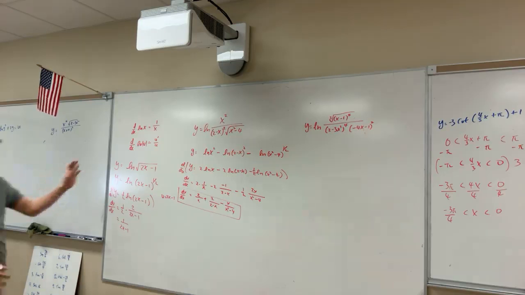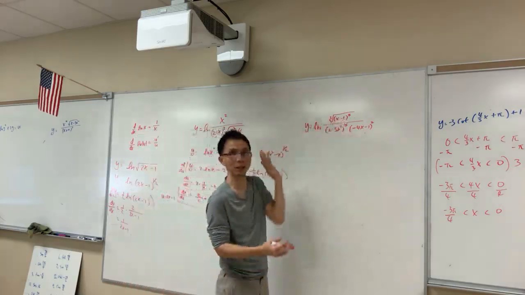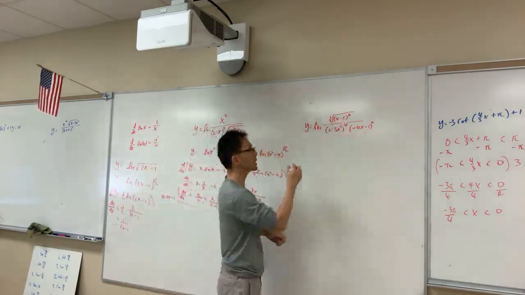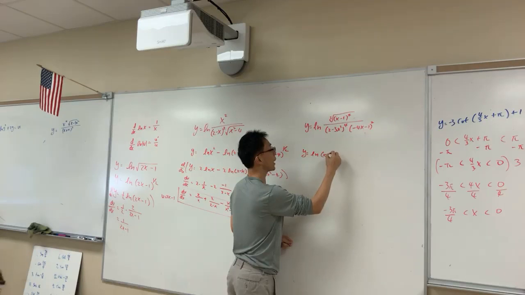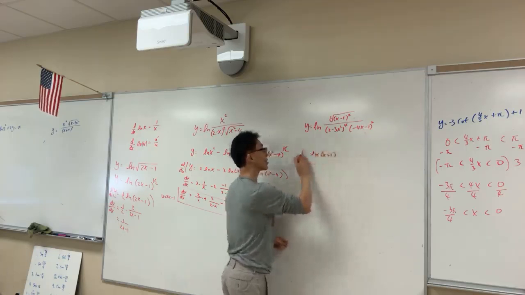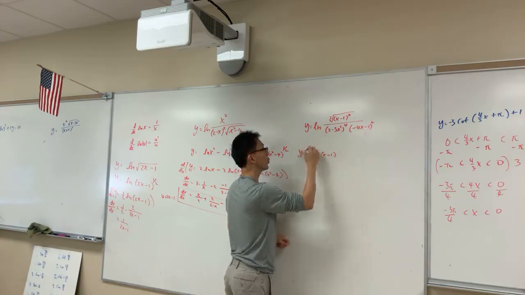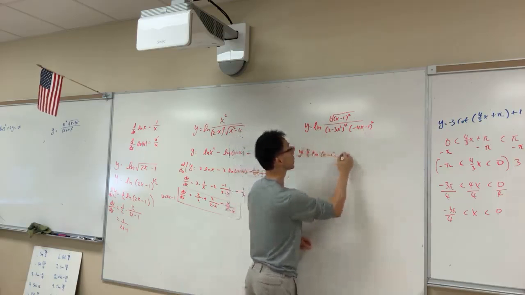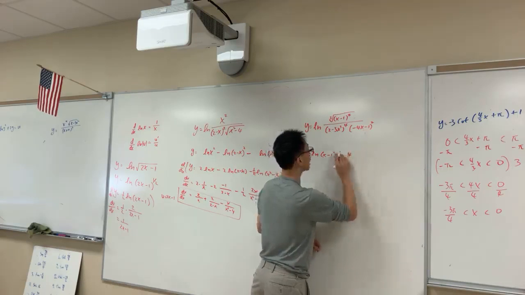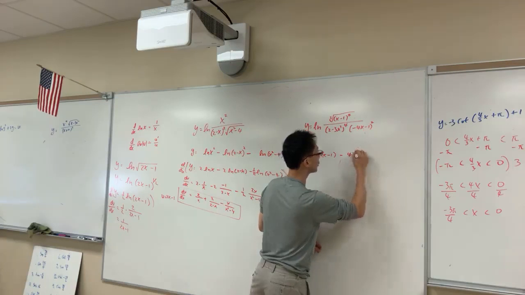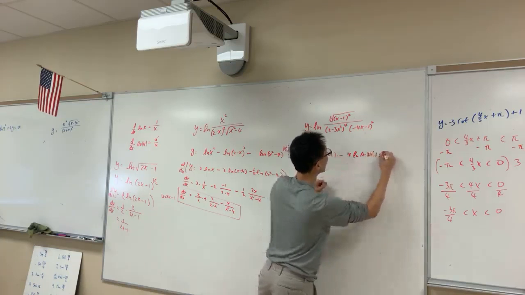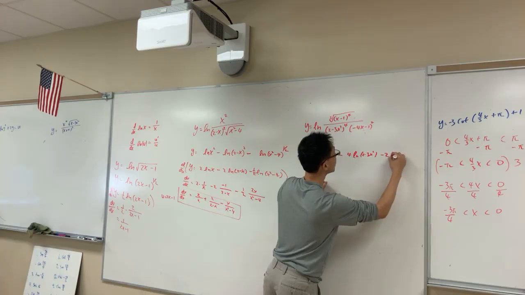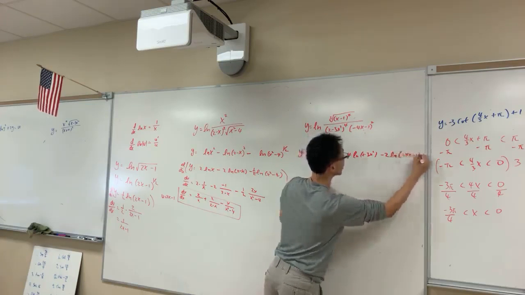So now we have this question. Again, just expand it like you would do in algebra. It's not even a calculus problem. So natural log, I'm going to just do it really fast, skipping some unnecessary stuff. So y equals 4 over 3, I think, plus 4 minus 4 natural log of 2 minus 3x squared, and minus 2 natural log of negative 4x minus 1.